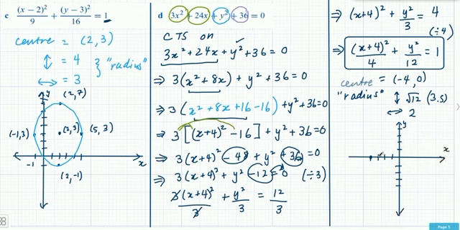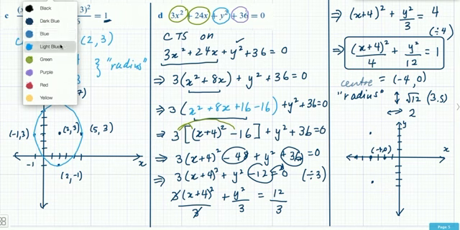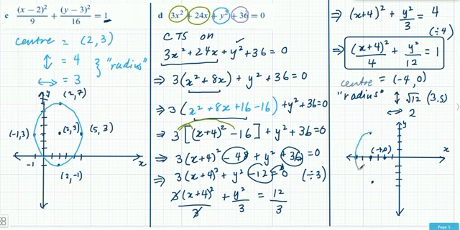And 2. So we're going to go 2 in each direction in the x direction. Label this as -4, 0. And we're going to go about 3.5 sort of here and here. And then we can just sketch in the rest of our ellipse like that.